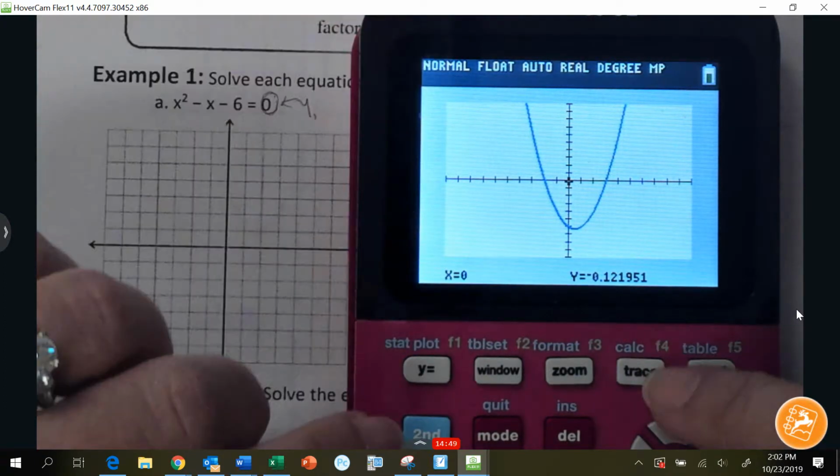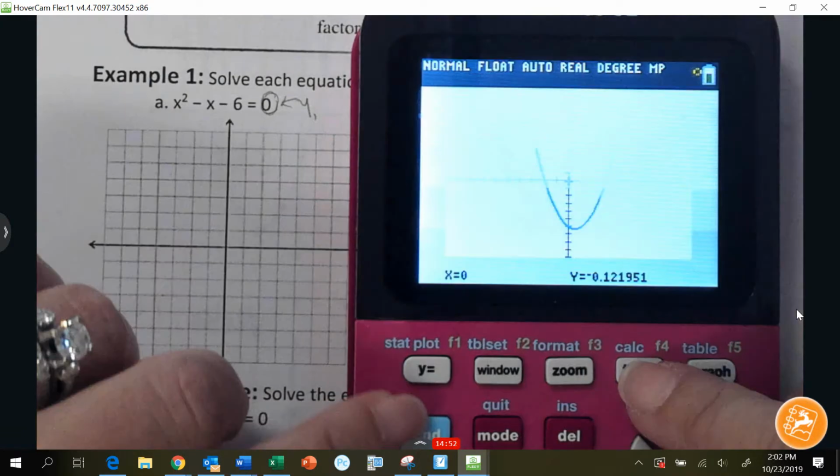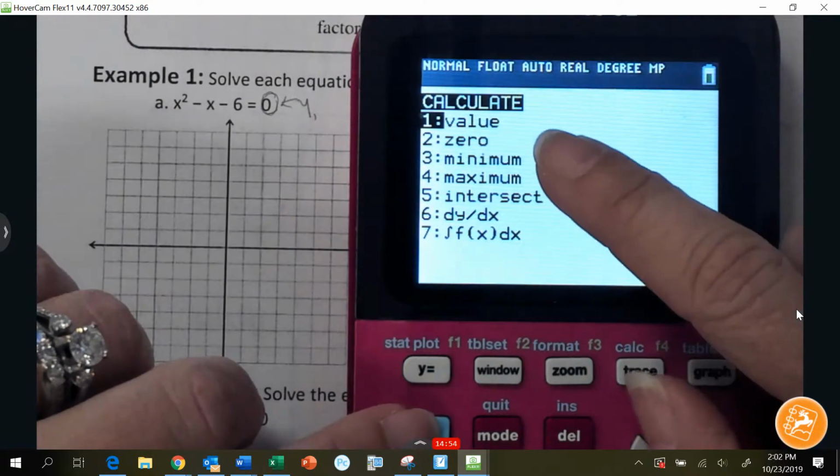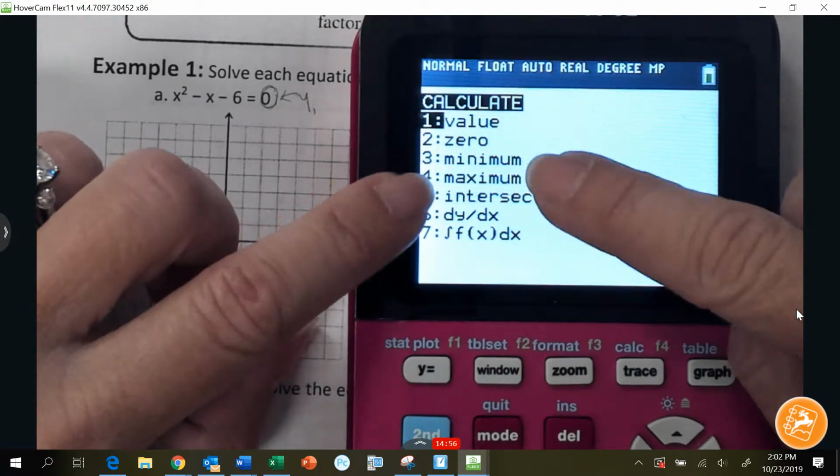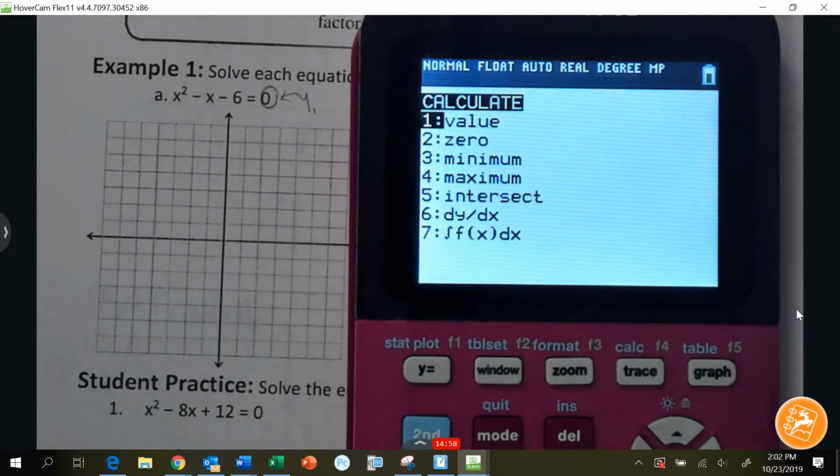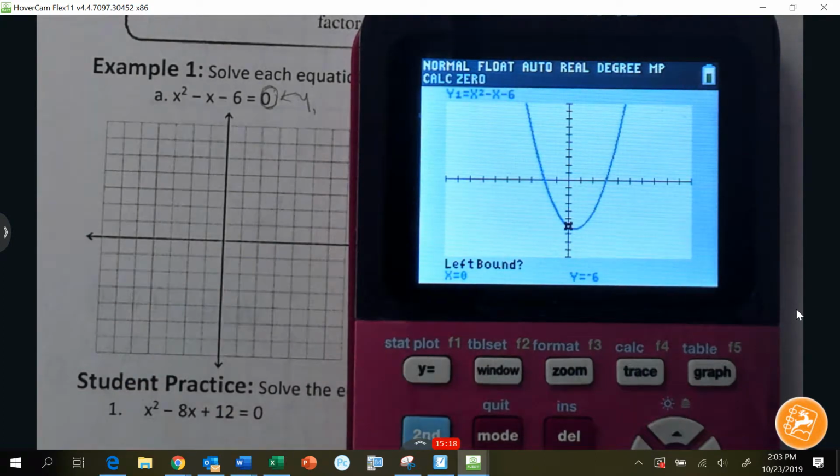All right? We're going to go to calculate, which is second trace. Under here, there's another vocab word that I was just talking about on my posters. It's not roots. Do you see 0? Okay, so what we do is we use 0, and you hit number 2. And then it's going to ask for boundaries. We did this before.